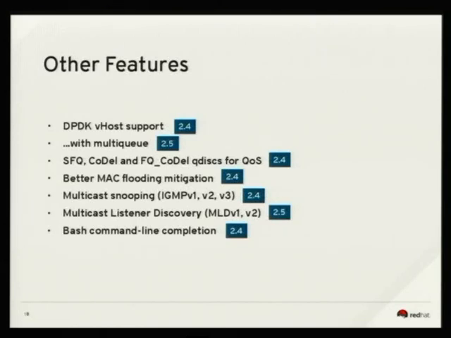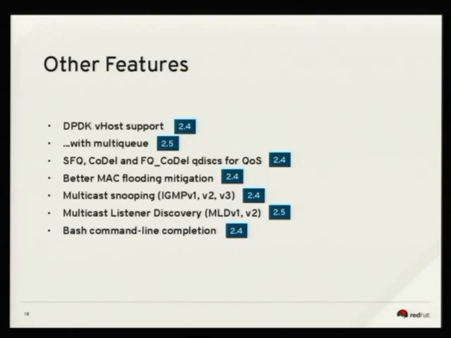There's a bunch of other features that I won't cover. You can read them, like DPDK vhost support in OVS 2.4 that actually speeds up handing of the packets from OVS to VMs. You no longer have to go through the kernel. You can go directly to QEMU. Since 2.5, even with multi-queue for vhost-net.